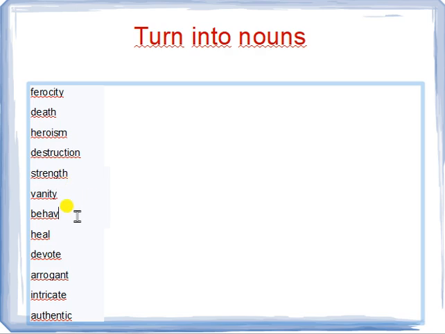They were praised for their good behavior. I'll spell it the American way. After he had healed himself, he had health. They were devoted, they showed devotion. They were arrogant, they showed arrogance. That watch was intricate, it had a certain intricacy. And that watch was authentic, it had a certain authenticity.